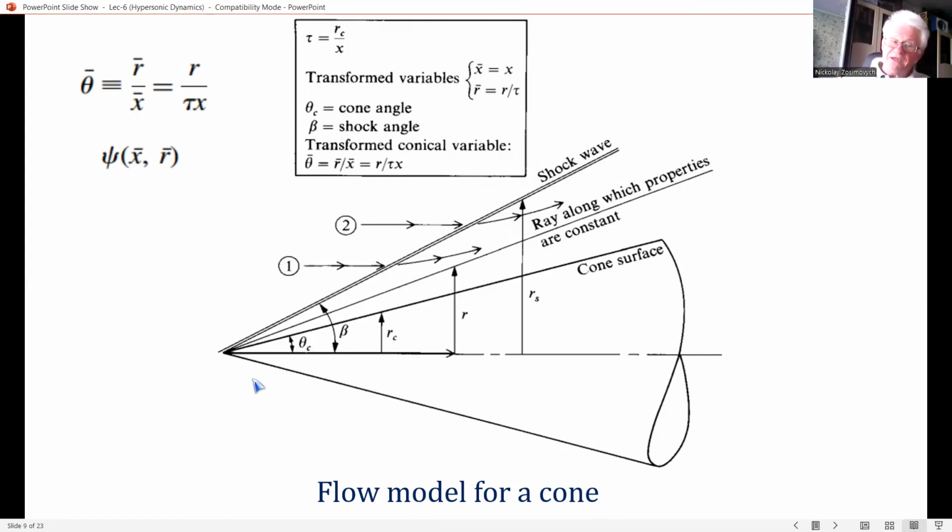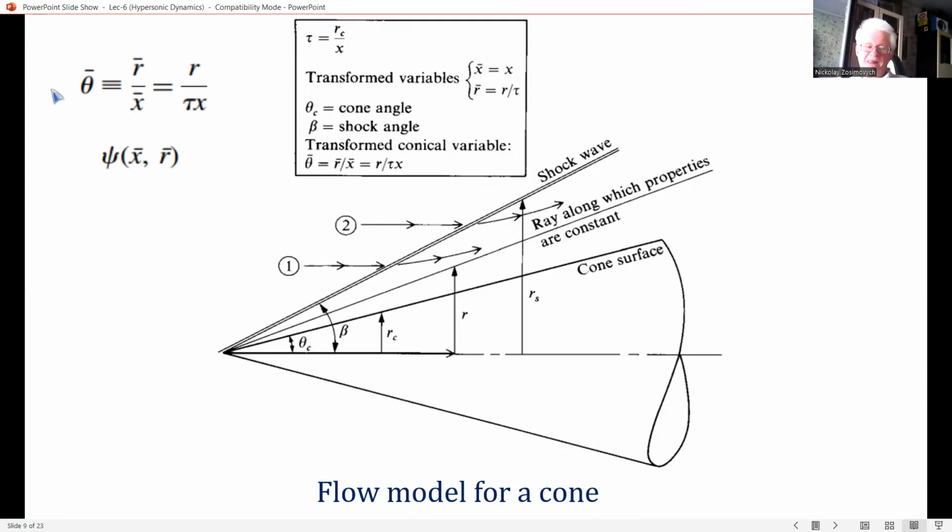Along any ray making a slope of exactly r over x with respect to the center line, the flow properties are constant. And for this ray, we define a conical variable theta average, such as this expression.